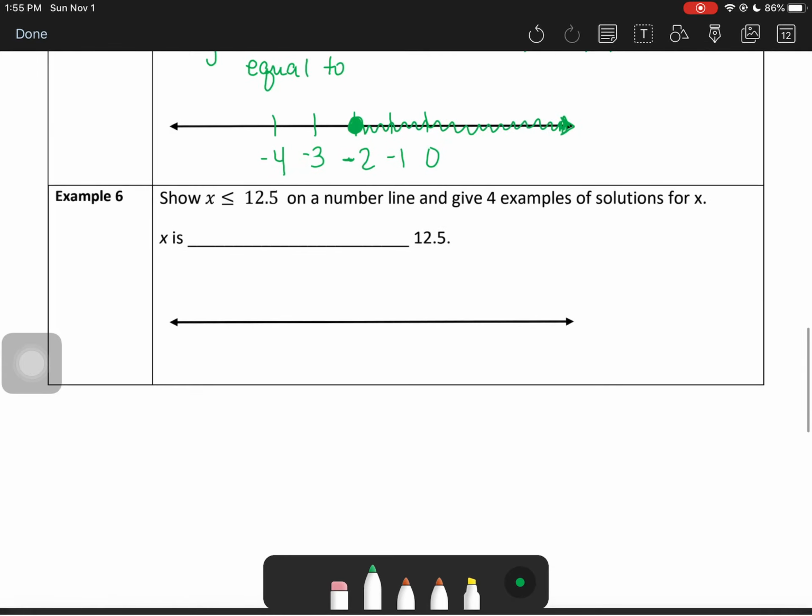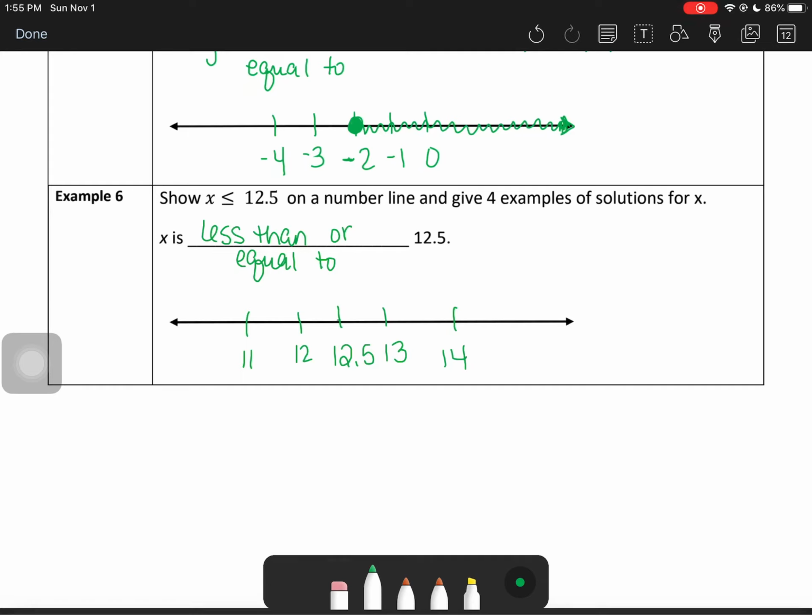In our next example, it says x is less than or equal to. So we're going to make a mark at 12.5 on our number line, and then I'm going to say 13, 14, and so on. Or I could go backwards and say 12, 11, and so on.